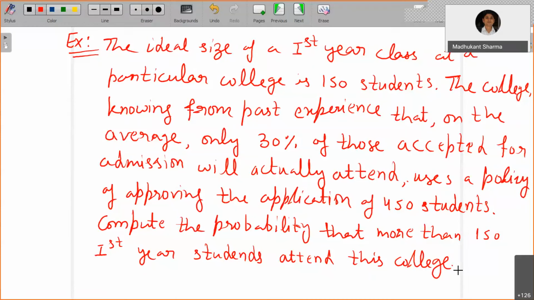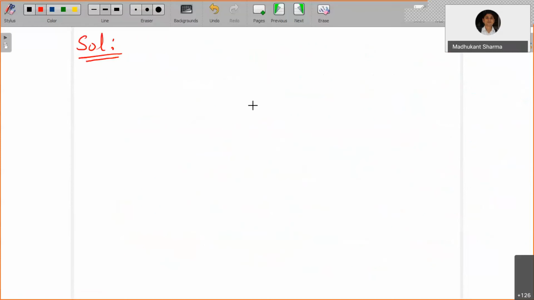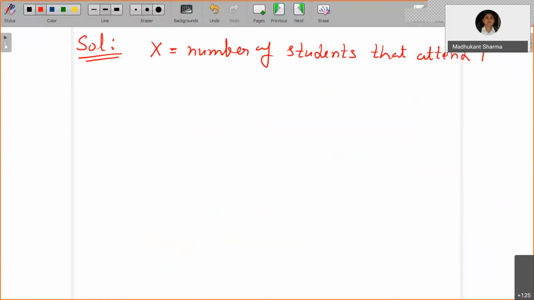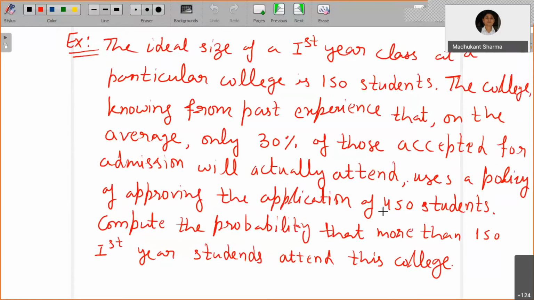Right, so let's look at the solution. Let X denote the number of students that attend this college, so X can take values from 0 to 450. Thirty percent of the students accepted for admission will actually attend, and the college approves the applications of 450 students.